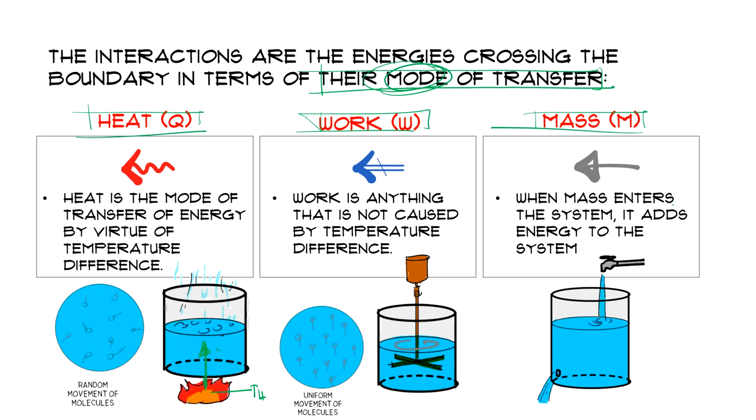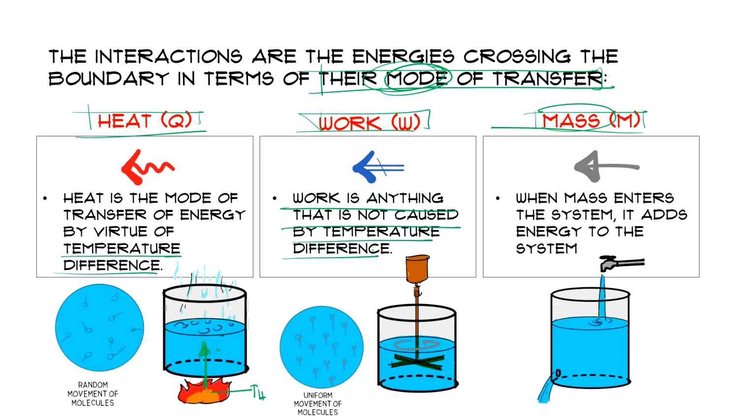And then in terms of work, work is another transfer of energy that is not by temperature difference, and it's also not in terms of mass. Since it encompasses a lot of possibilities on how to transfer, that's not just by temperature difference, we'll just say that work is anything that is not caused by temperature difference.